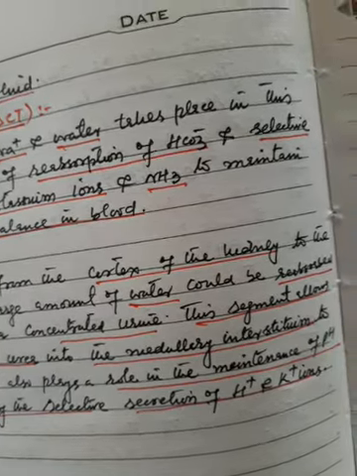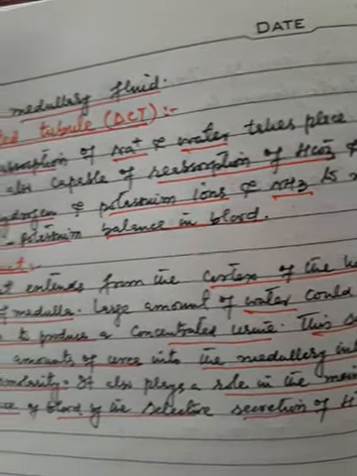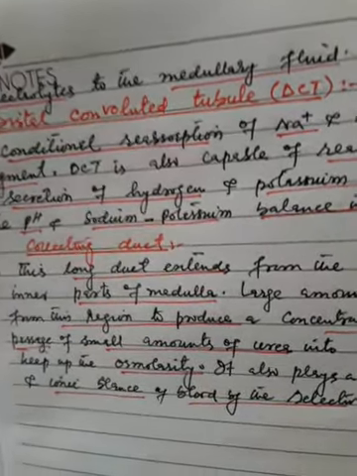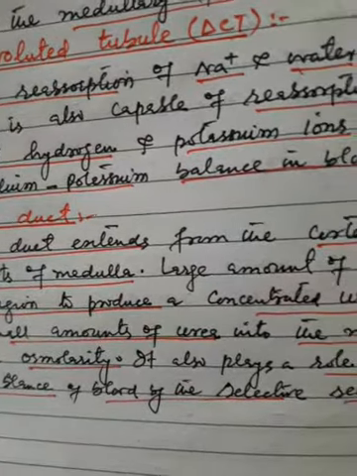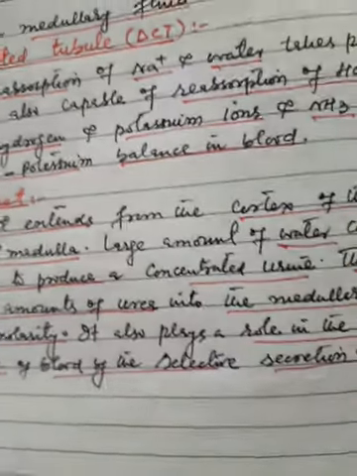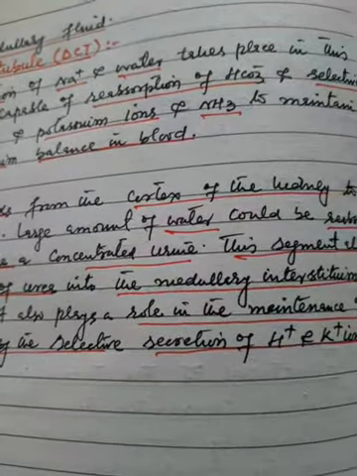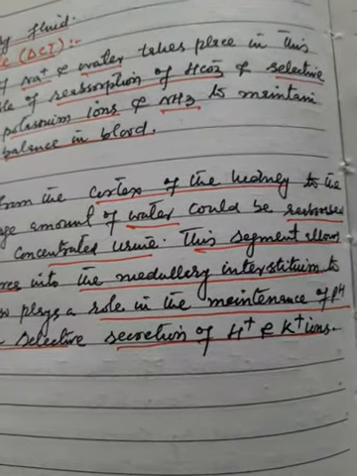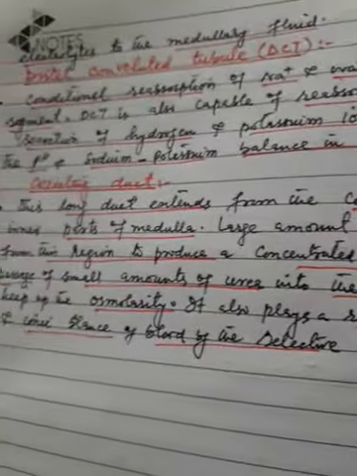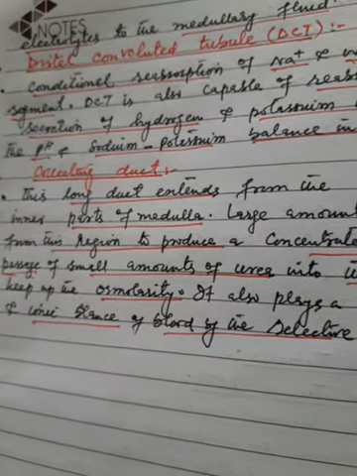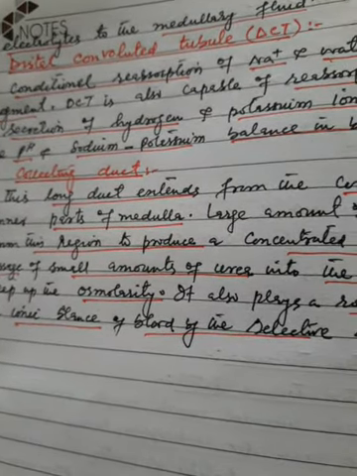This segment allows passage of small amounts of urea into the medullary interstitium to keep up the osmolarity.